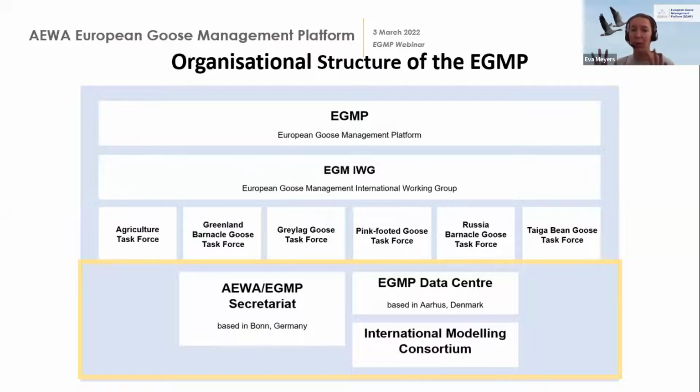Underneath the whole structure of the EGMP, the coordination bodies are the AEWA EGMP Secretariat and the EGMP Data Centre, which is at the same time also coordinating the International Modeling Consortium.